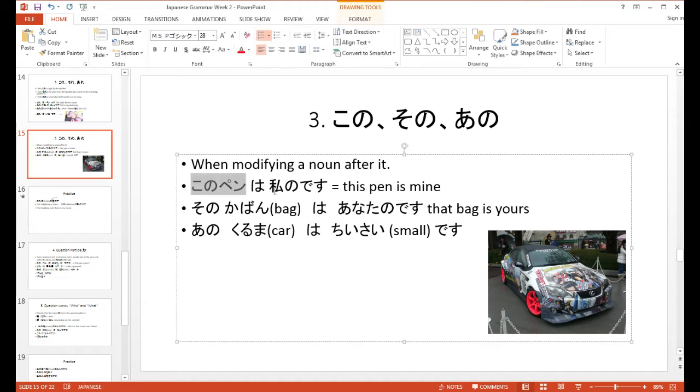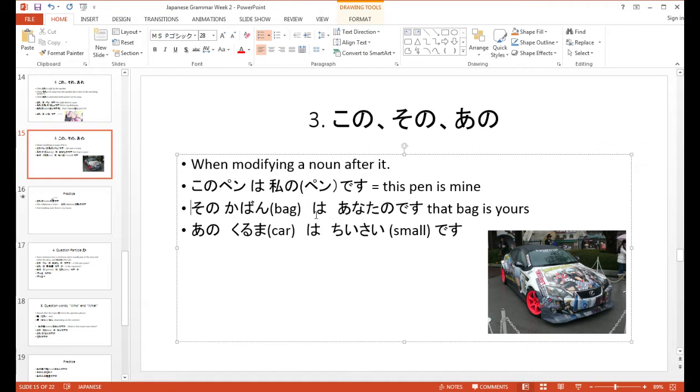See, kono pen wa watashi no desu. So no particle here is the possessive particle. So it is mine. You could say pen here as well, but that's redundant. Kono pen wa watashi no pen desu. It's technically what it's saying, but we're eliminating the pen because it's redundant.